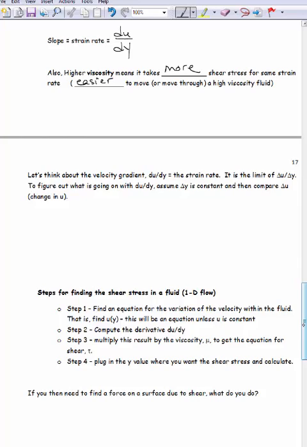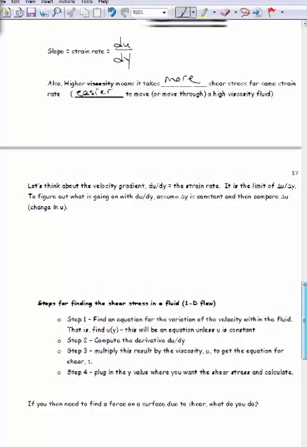A du dy is just a delta u, or a delta velocity, over a delta y, or a distance, taken to the limits, right? So infinitesimally small dy, really. Okay, so instead, let's not think of it in the limits. Let's think of it as a delta y.